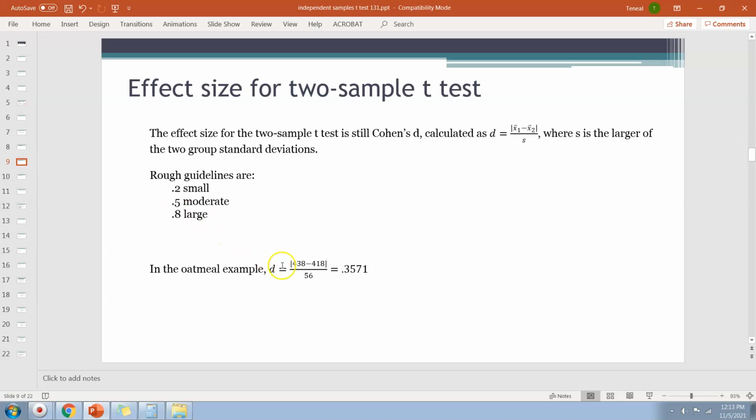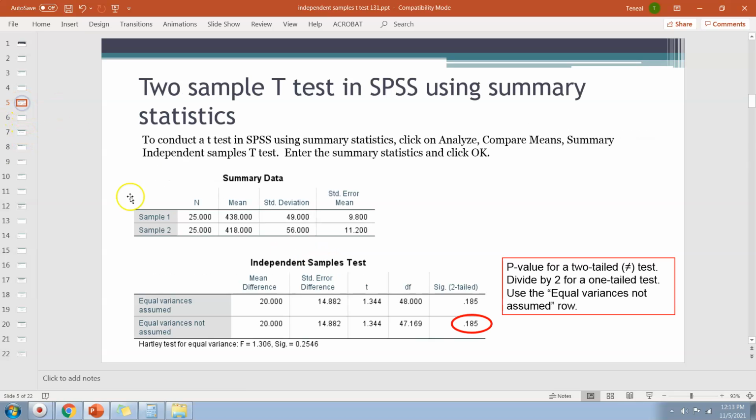So in our example, the sample mean for the people who ate breakfast was 438. The sample mean for the people who skipped breakfast was 418. And if we look at the two standard deviations, the larger of the two was 56. The people who skipped breakfast had a larger standard deviation, which was 56.